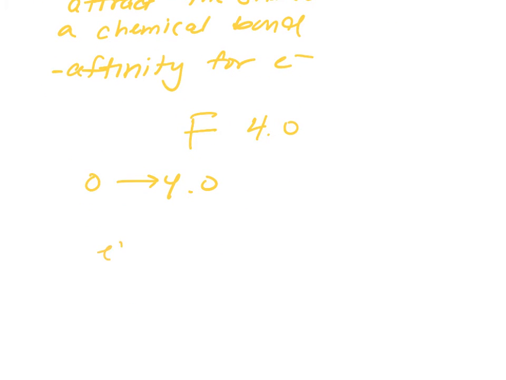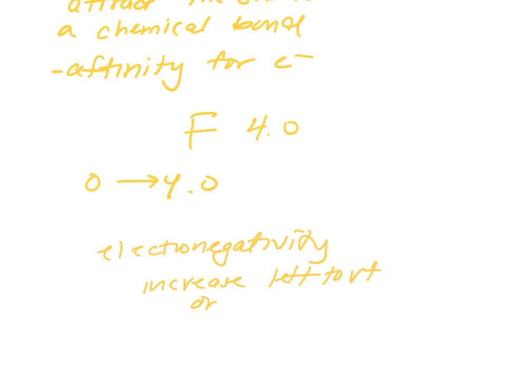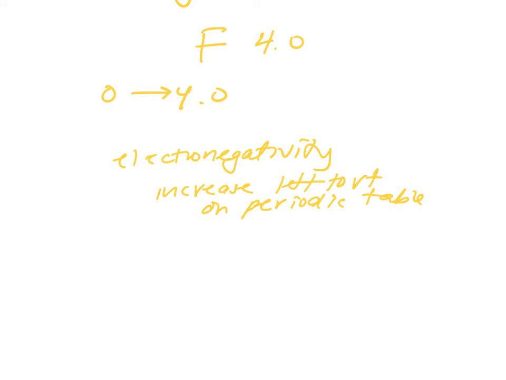Electronegativity is going to increase as you go from left to right on the periodic table, so across a given row. Electronegativity will decrease when you go from top to bottom in a group.